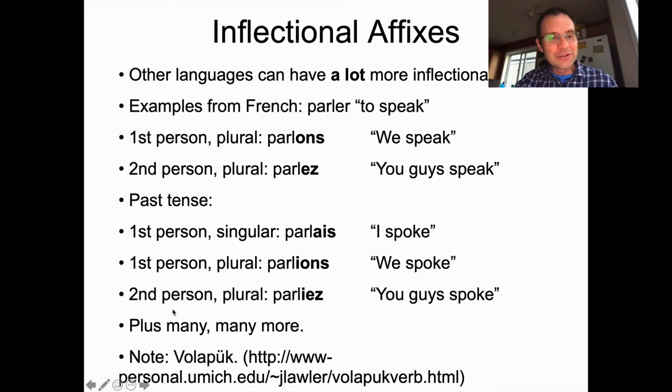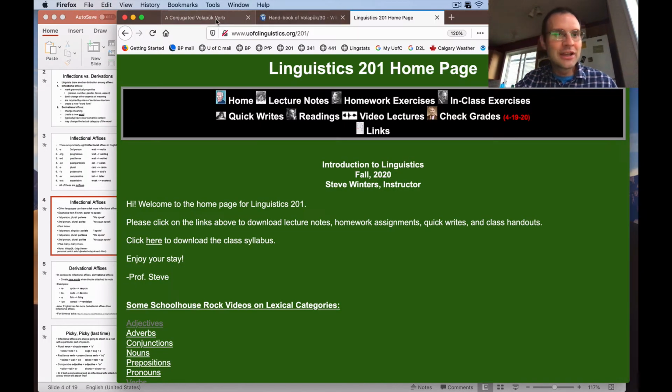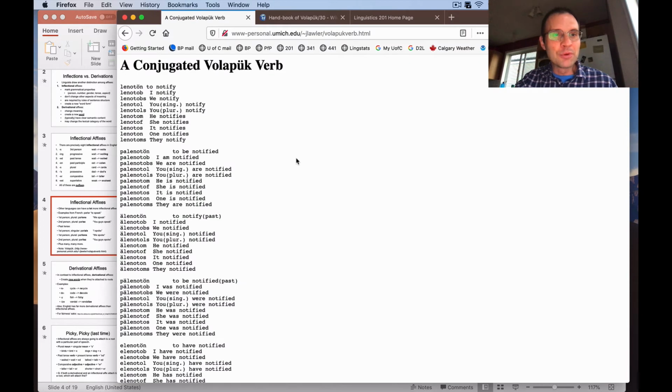I'll show you the main point of what I want to say about the language, which is what a Volapük verb conjugation looks like. But as I walk you through this, I'll let you know that Volapük itself is the world's first constructed language, which means that it is not a natural language.